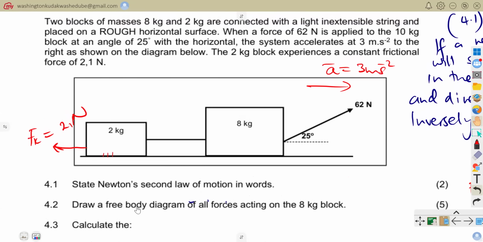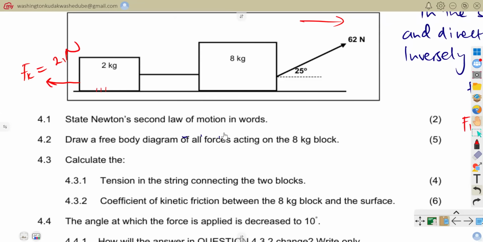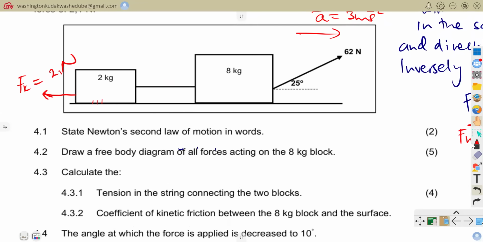Now they're saying draw a free body diagram of all forces acting on the 8 kg block. The forces acting on the 8 kg block: I have my weight due to that mass, my normal force due to the surface, my tension, and a frictional force due to the surface.